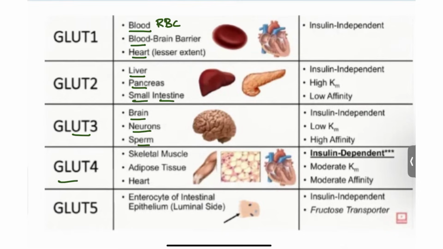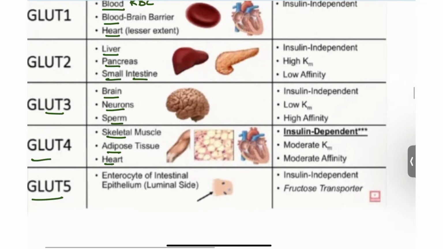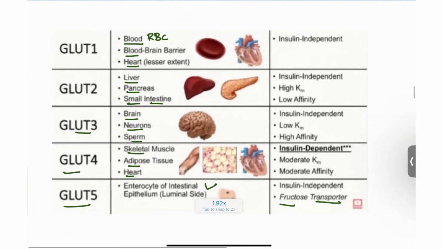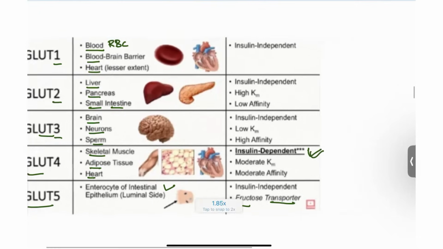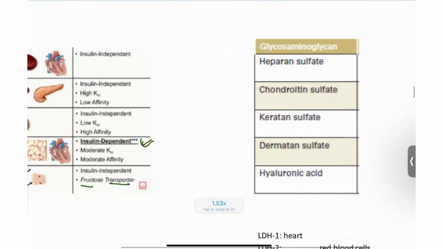GLUT 4 is present in the skeletal system, adipose tissue and heart. GLUT 5 is the fructose transporter, seen in the intestinal epithelium. Okay, GLUT 1, GLUT 2 and GLUT 3 are insulin independent. GLUT 4 is insulin dependent. Okay, all the remaining can be important and asked in the examination.